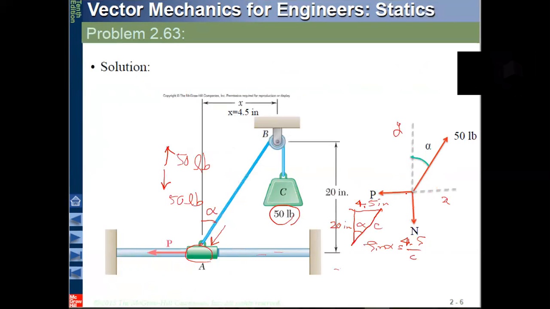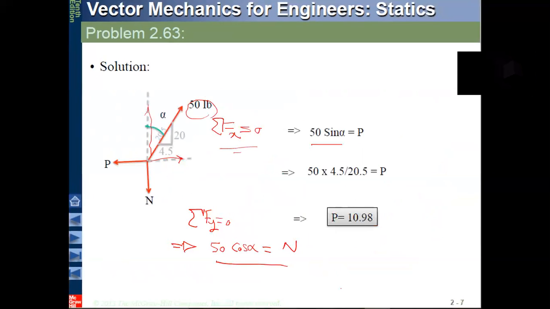So in order to get P, you just need to write the equation in the x direction, which is sigma Fx is equal to 0, because this N force does not have any component in the x direction. So what you will do is that you write the x component of the cable force, which is 50 sine of alpha.